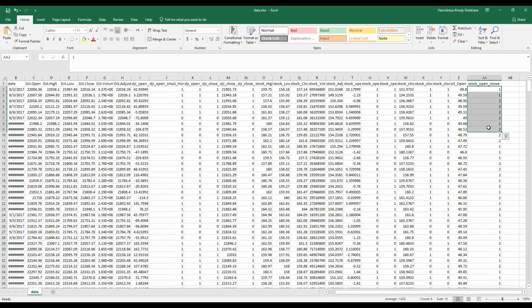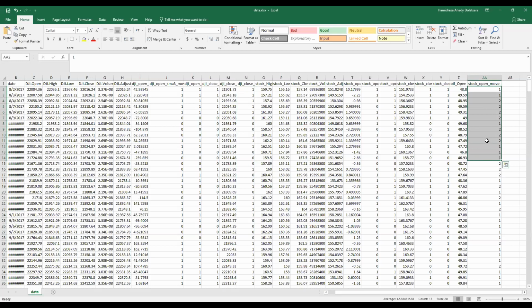It just means two different categories. So is it increase or decrease? Don't be confused that almost all of the movement is 0 and 1. It just means two classes of increase and decrease. Even for stock open move, which is your dependent variable, you just have two categories, 1 and 2. Is it decrease or increase?